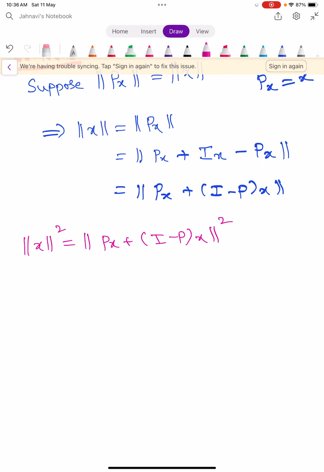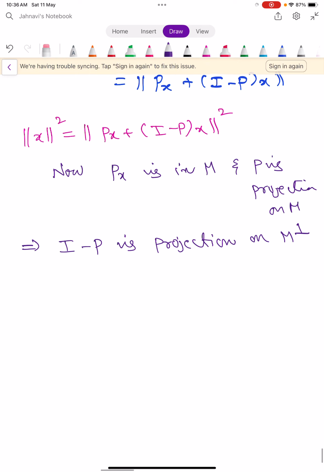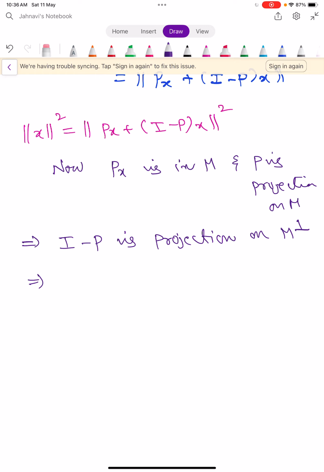So now leave here and we are going to conclude one thing. Px is in capital M and P is the projection on capital M. This shows us by the previous theorem that I minus P is the projection on M orthogonal. This implies that (I minus P)x is in M orthogonal.